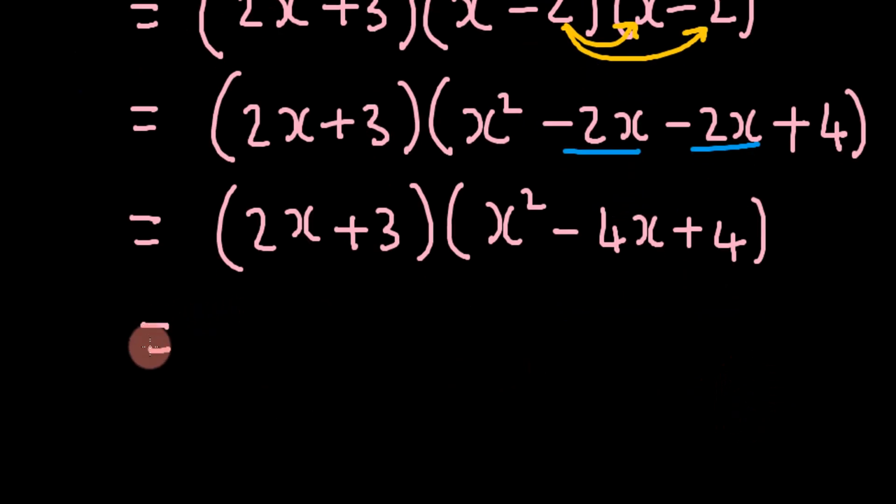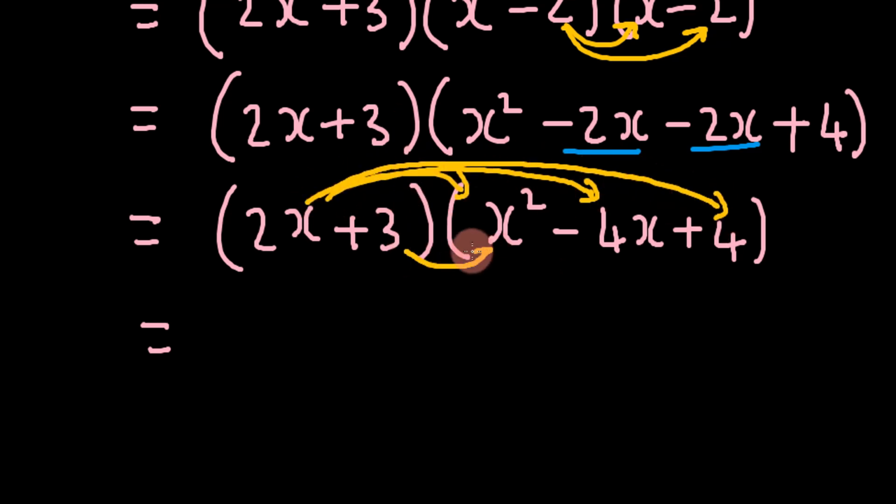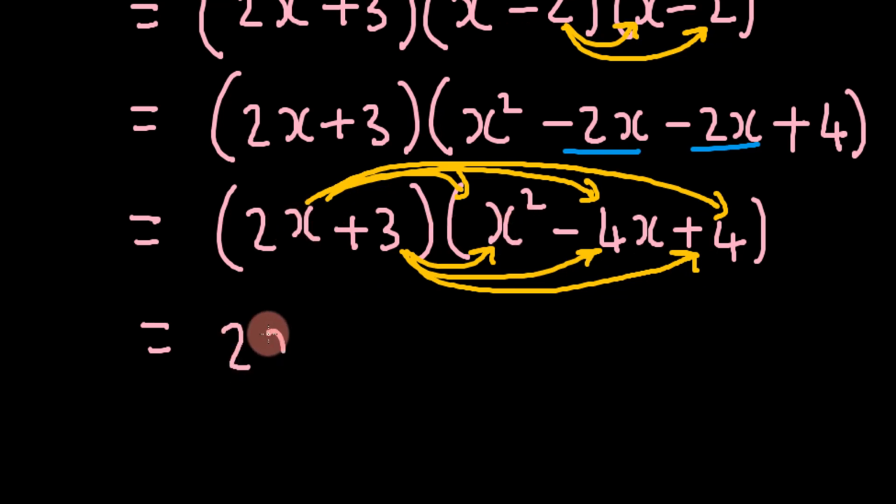Now we can multiply out the remaining brackets. So once again, using this pattern. So 2x times x squared will give us 2x cubed when we add the powers of the x's. Then 2x times negative 4x is negative 8x squared.